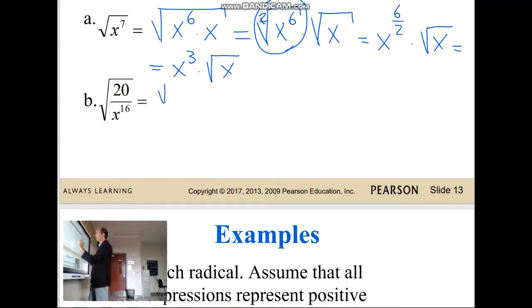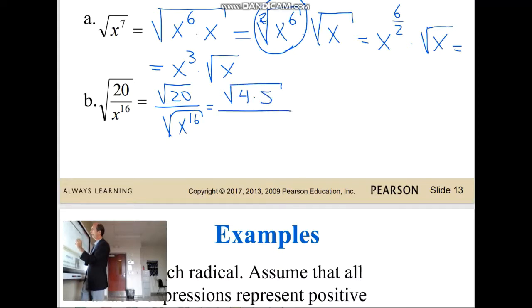We can rewrite this as square root of 20 over square root of x exponent 16. Let me do this step by step. Square root of 20 is square root of 4 times 5, right? And square root of x exponent 16 we can rewrite as x exponent 16 over 2, right?